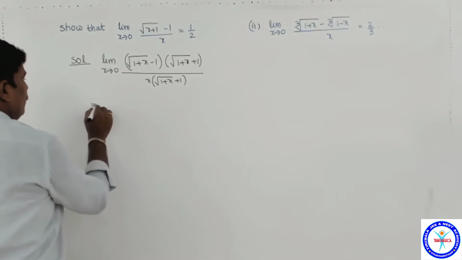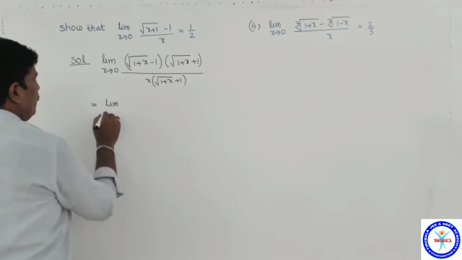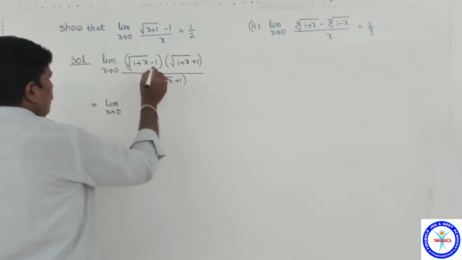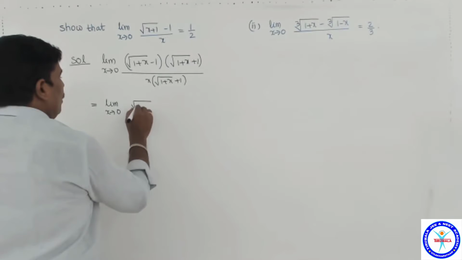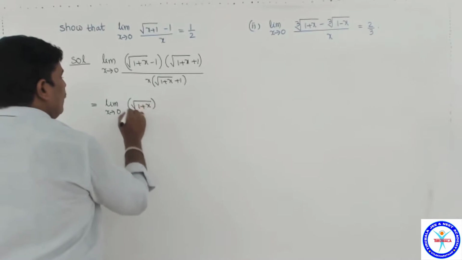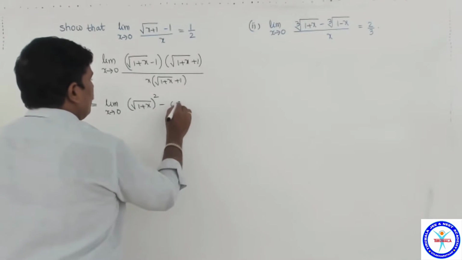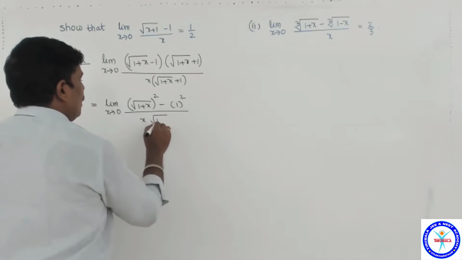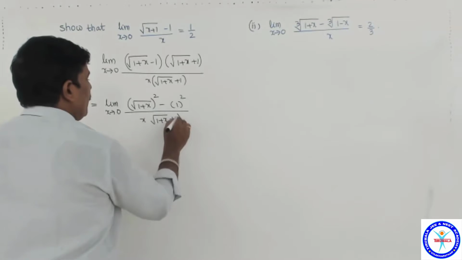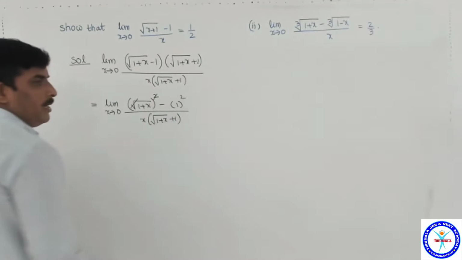This is equal to limit x tends to 0, a minus b into a plus b gives a square minus b square. So (root over 1 plus x) whole square minus 1 square divided by x into (root over 1 plus x plus 1). Cancel square and root.